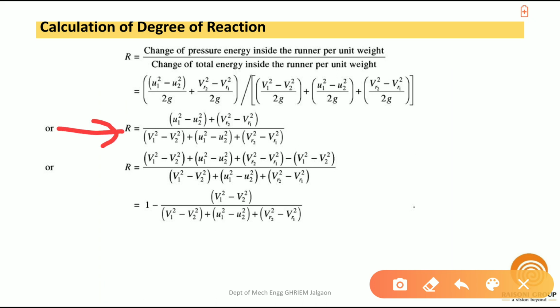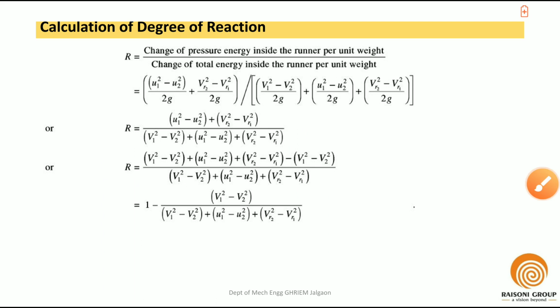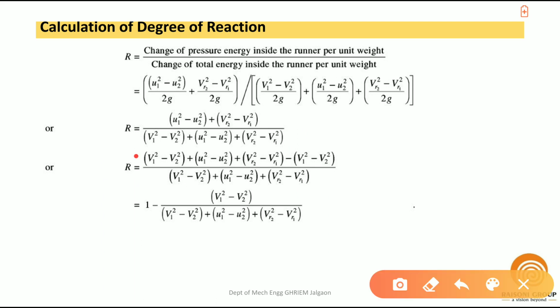But this is a relatively long equation. To simplify further, we add and subtract the term V1 square minus V2 square. Due to this, the three terms in the numerator and these three terms become similar.